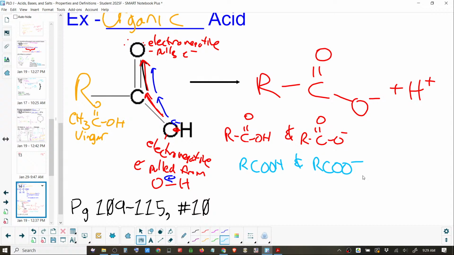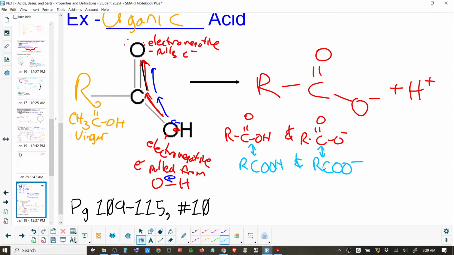So they would just use that as shorthand, and because it is still so easy to do, it's still done. You'll still see that. So that's an organic acid. These two are interchangeable. The top is the real structure and the bottom is what you will often see in problems.